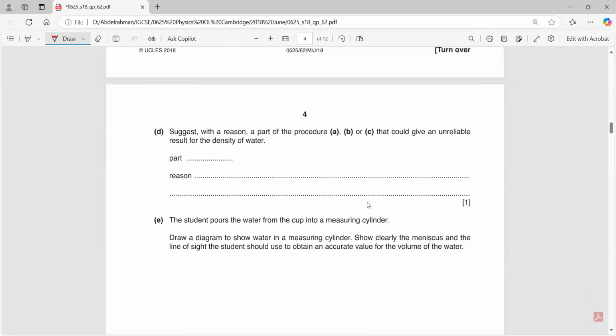So I'll say part C, because the mass taken was including the mass of the cup. You need to subtract the mass of the empty cup.